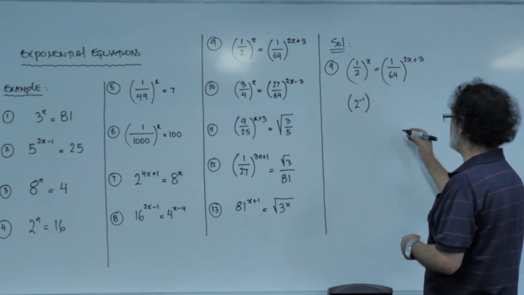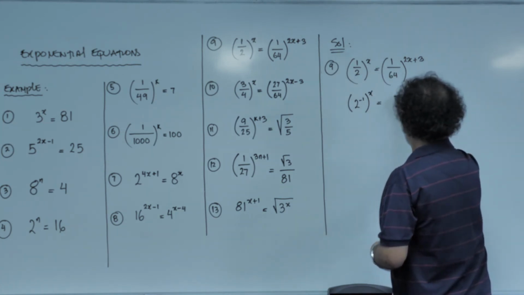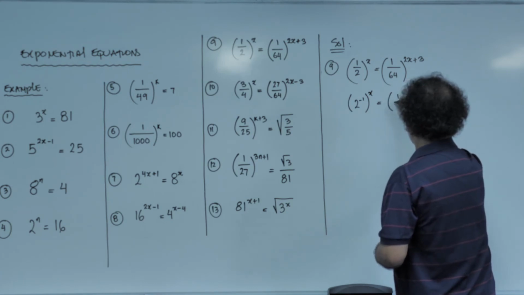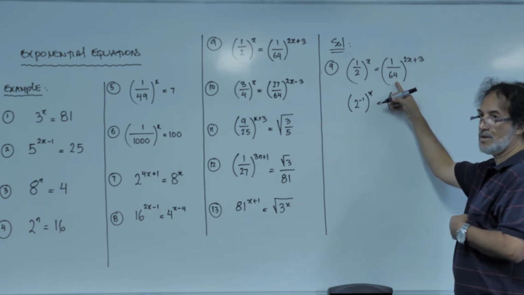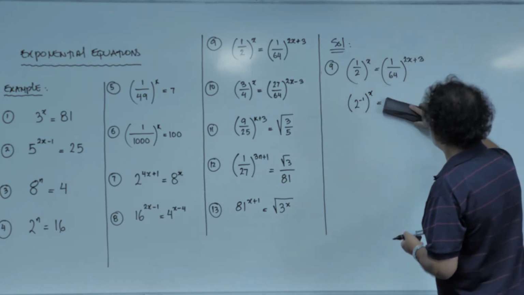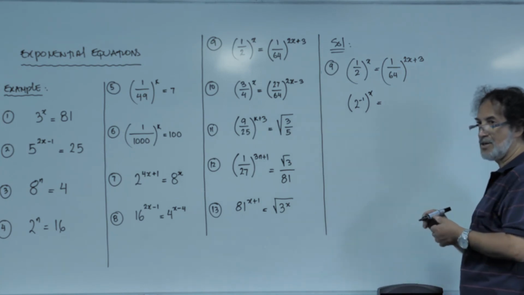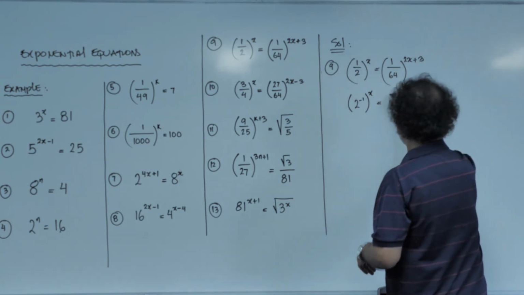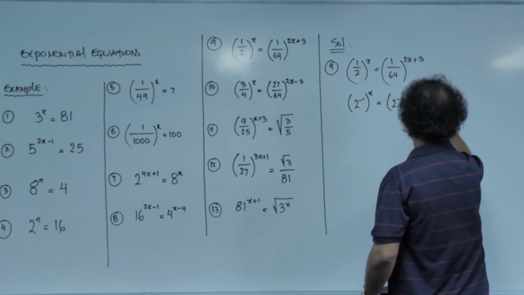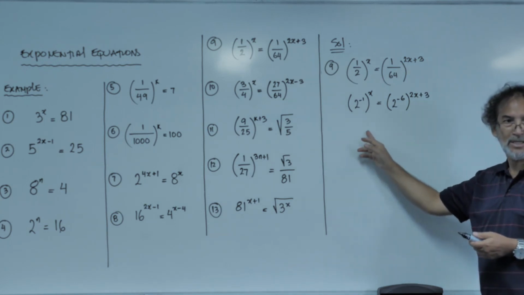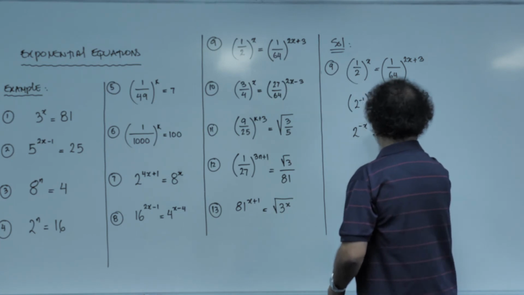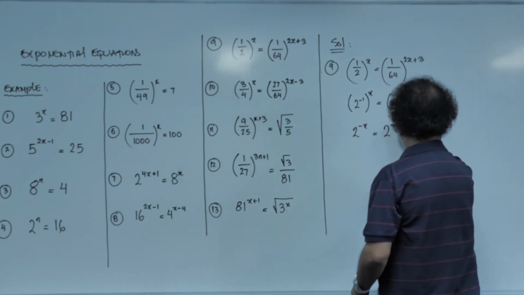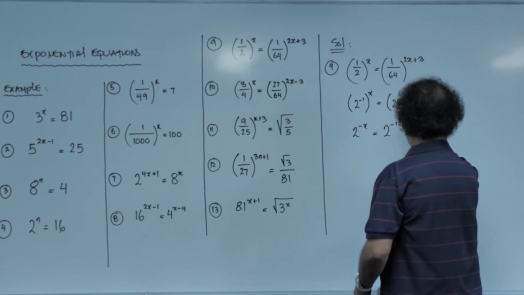Yeah. We can do that. And you said that this is 1 over 2 to the power of 6. So is that okay if I do just 2 to the negative 6? Now that you are familiar with this, then we can do 2 to the negative 6 and then 2x plus 3. Okay, and then we're going to do 2 to the negative x is going to be equal to 2 to the power of negative 12x minus 18.